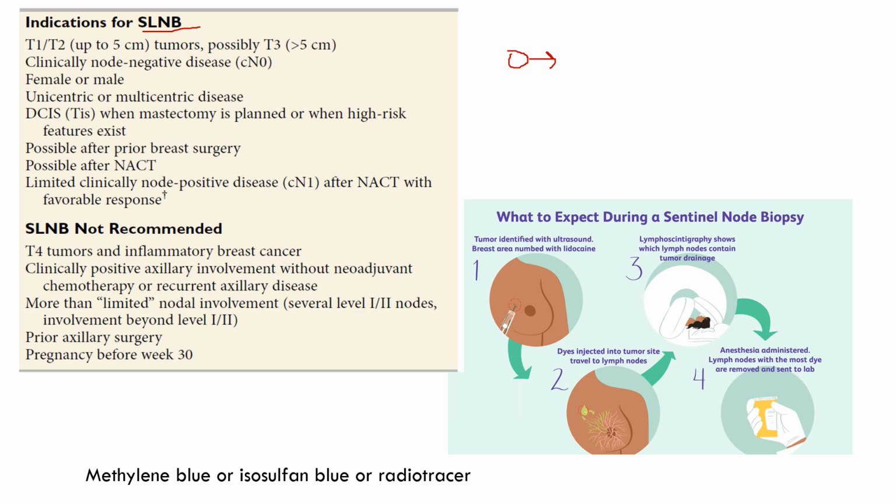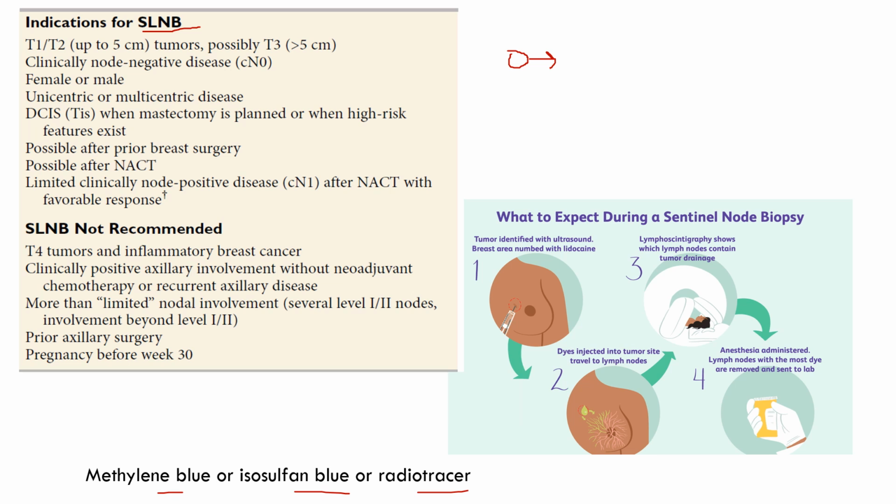So when we don't know, maybe during surgery or before surgery, we have to find out whether there is lymph node involvement to decide on whether axillary nodal dissection has to be done or not. We do a sentinel lymph node biopsy, usually with a dye like methylene blue, isosulfan blue, or a radio tracer, like technetium.